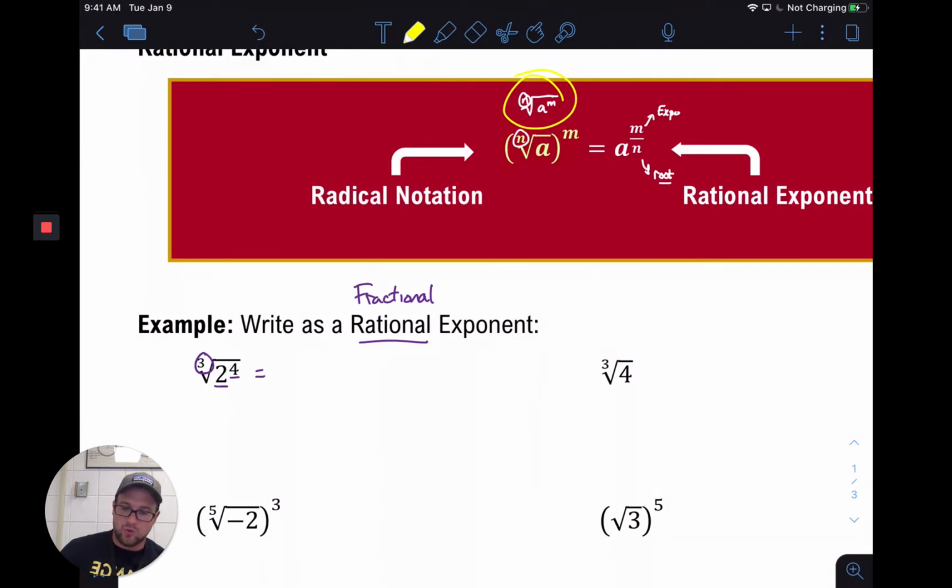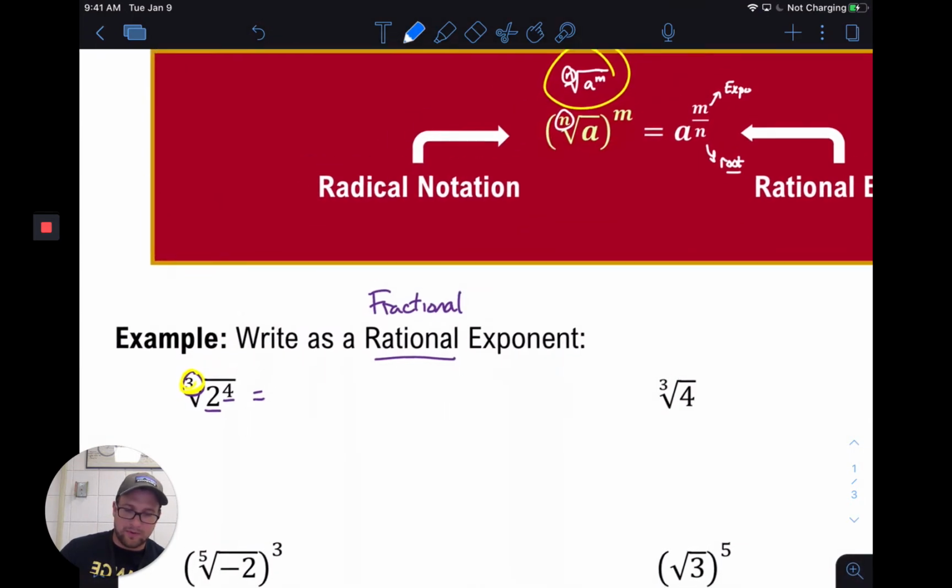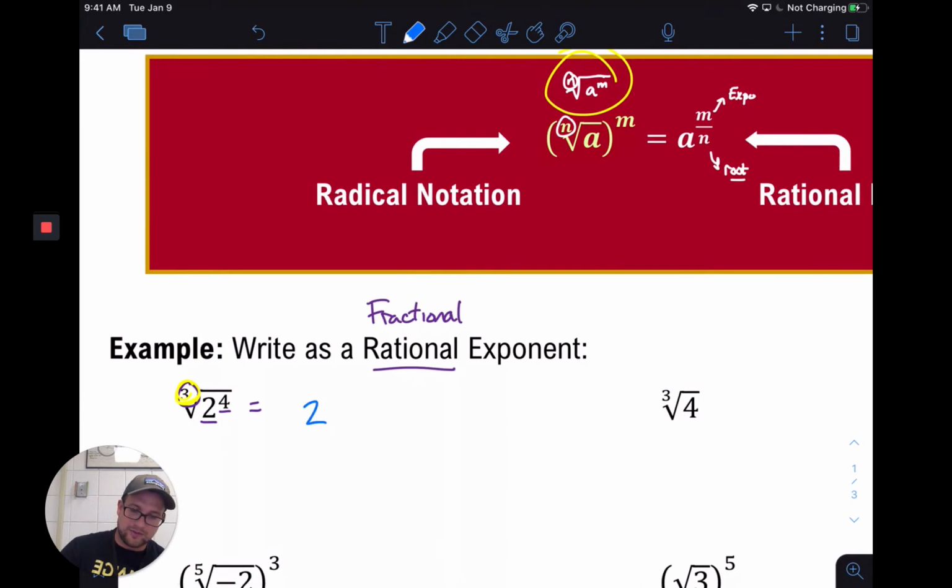So I would take whatever the index is, which in this case is 3, that outside root number, and that's going to go on the bottom. So this is the same as saying to the 4/3 power. The 4 is our m value, so that goes up on top. And the 3 becomes our n value, that's what goes on the bottom, making this our answer.